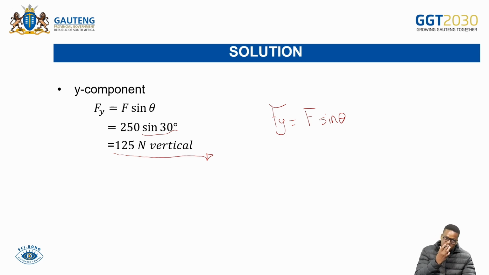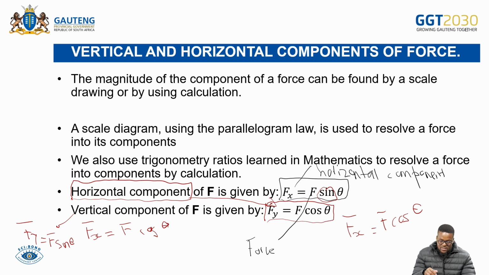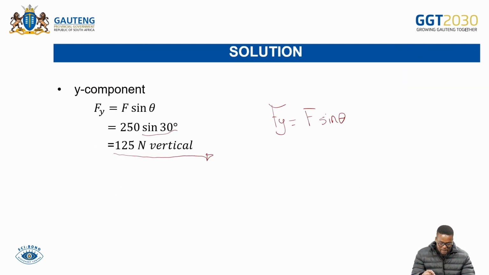So just correct that mistake from here. From this one here, we've got Fx is equal to F cos theta, not sine theta. And for Fy, it's Fy is equal to F sine theta. So here we've got sine theta, we are cancelling this one, and then you've got cos theta, right? Okay, sorry about that mistake.